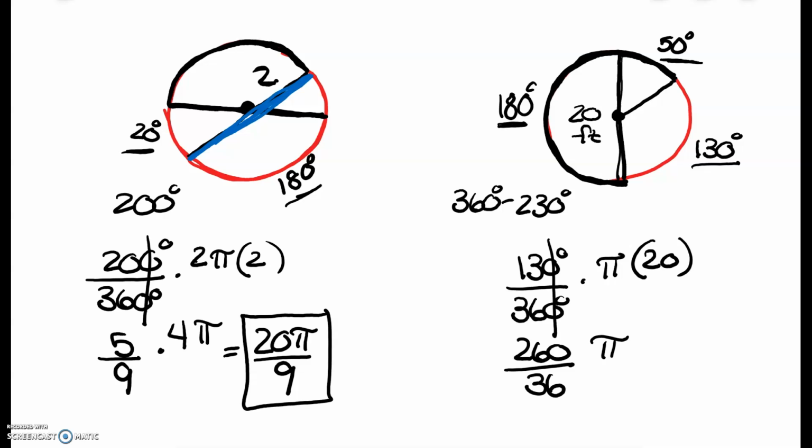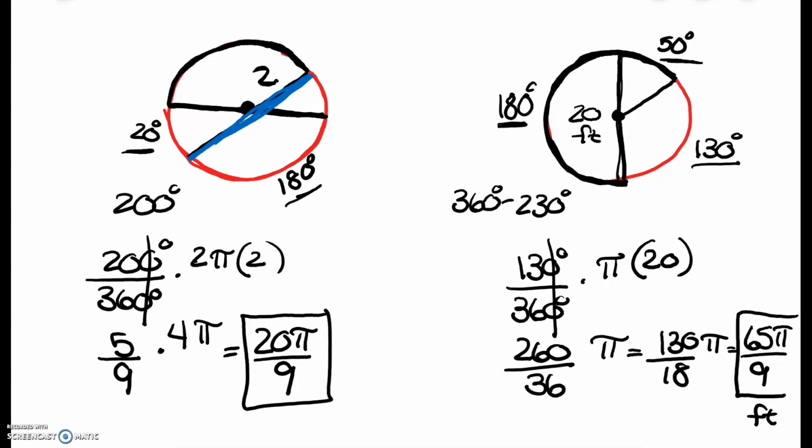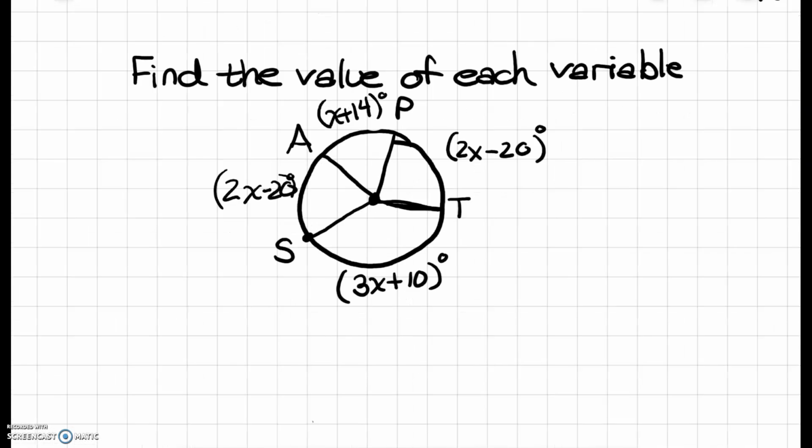And that is definitely going to reduce by 2 at least. So that's 130 over 18. And that reduces by 2 again. So that's going to be 65 pi over 9. And I think we're done. Oh, I forgot my units. Feet. And then the last one.